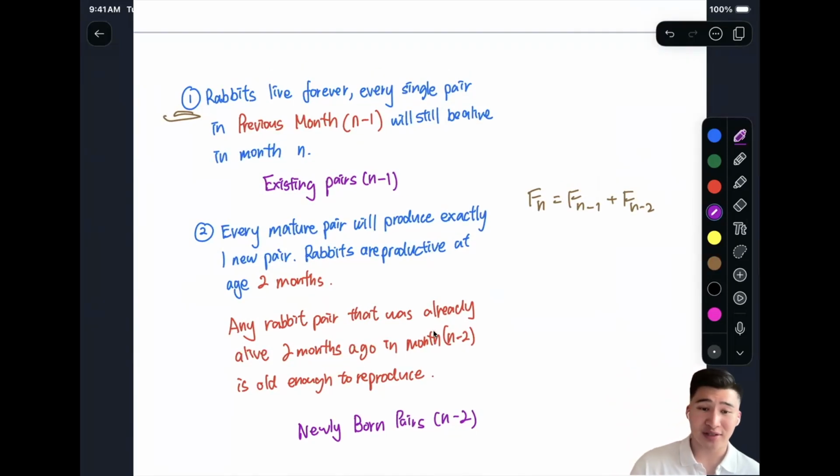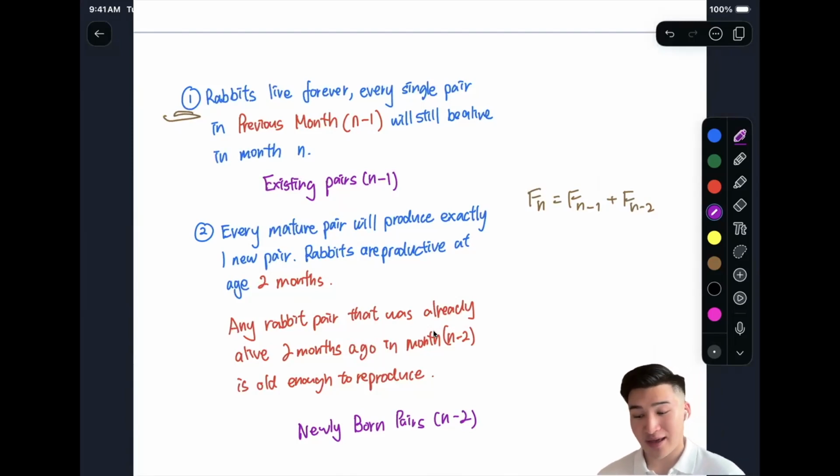For point number 2, we saw that every mature pair would produce exactly 1 new pair, right? Rabbits are productive at the age of 2 months, and any rabbits that were already alive at 2 months. So what this means is, after 2 months, they can start reproducing, and they will reproduce every single month from then on.